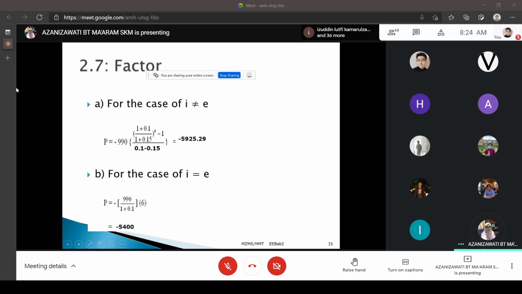So you have the first case, where I is not equal with E, negative 5929. And if I is equal with E, your P will be negative 5400. So you just put the numbers.